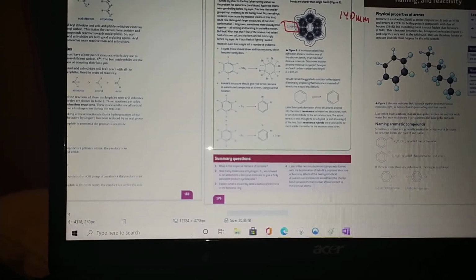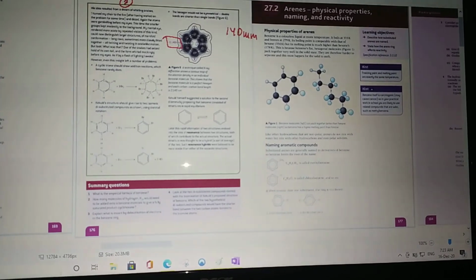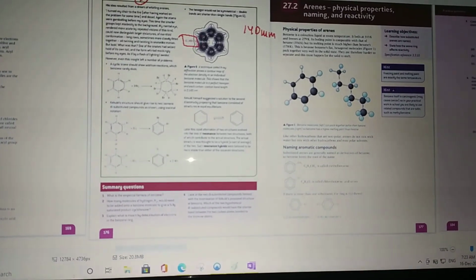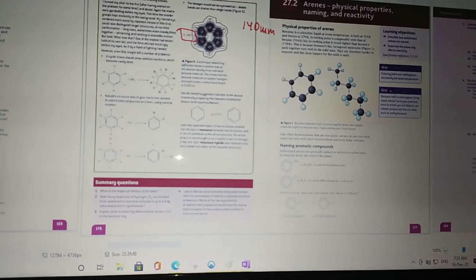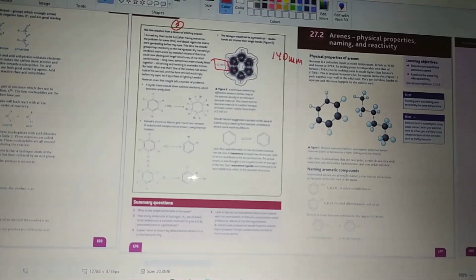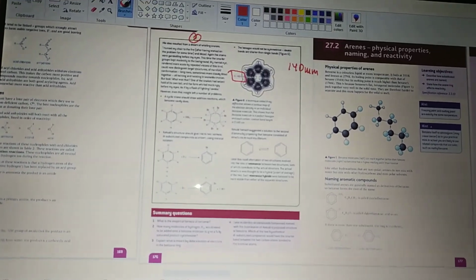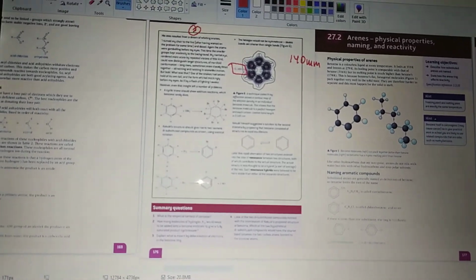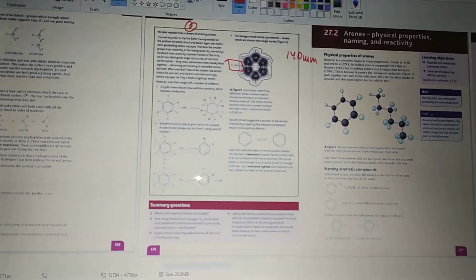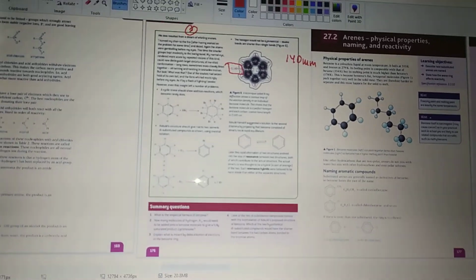Now we come to the physical properties of the arenes. Basically, benzene is a colorless liquid at room temperature. It boils at 353 Kelvin and freezes at 279 Kelvin. Its boiling point is comparable with that of hexane, but its melting point is much higher than hexane's, which is 178 Kelvin. This is because benzene's flat hexagonal molecules are packed together very well in the solid state.